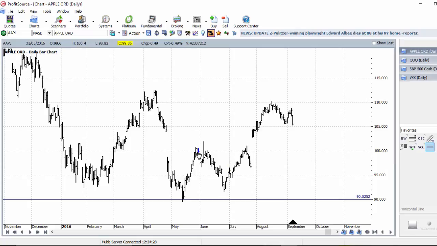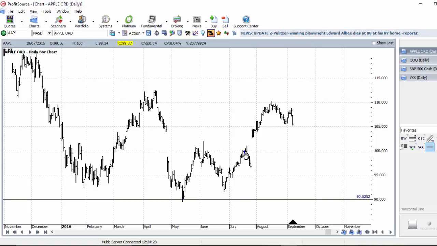You can see clearly that Apple found that level of resistance here in late May, early June, where it found a top and then it started to move back down towards the support level, but didn't reach the $90 level and was able to hold that level of support.